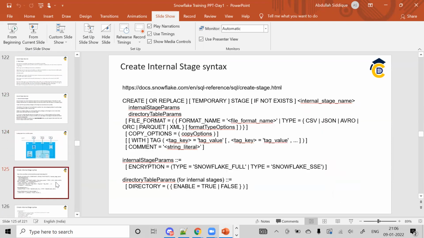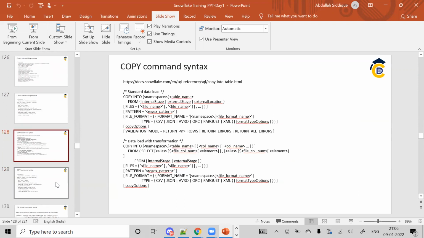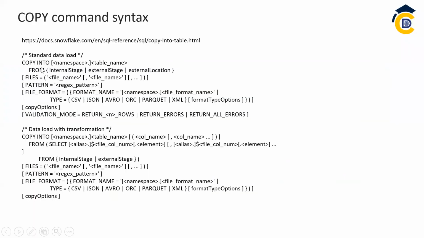So that is about how to load from local file systems, guys. Let's look quickly at how the copy command looks. It's simple: copy into a table, whatever table you want to load, from the location, that is an internal stage, external stage, or external location.